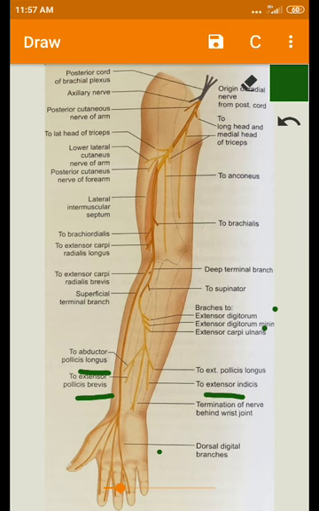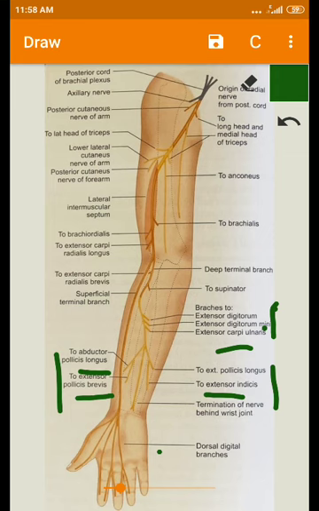So you can see here these muscles are deep muscles and these three muscles are the superficial set of muscles. Okay, so these are the branches given by the posterior interosseous nerve. These are the muscular branches, three short branches and remaining long branches.